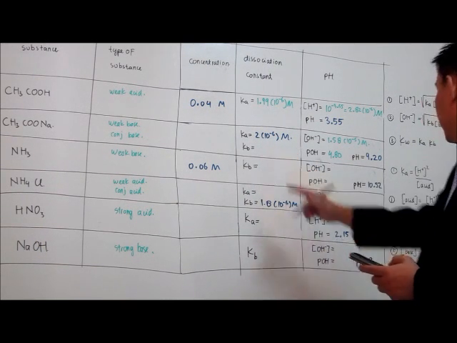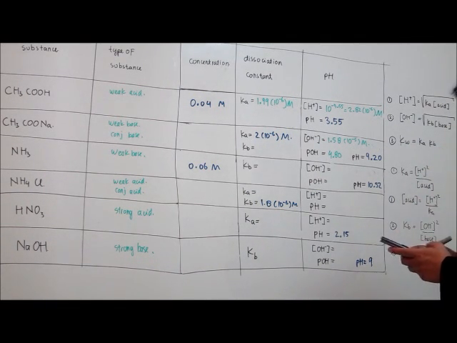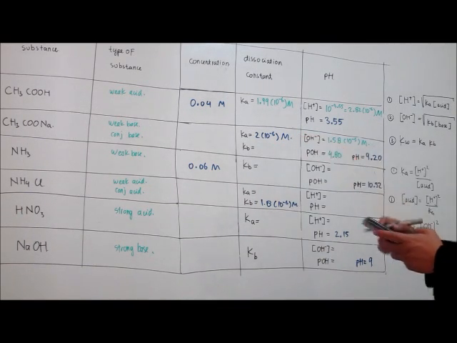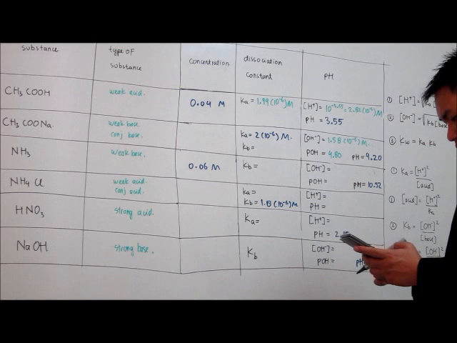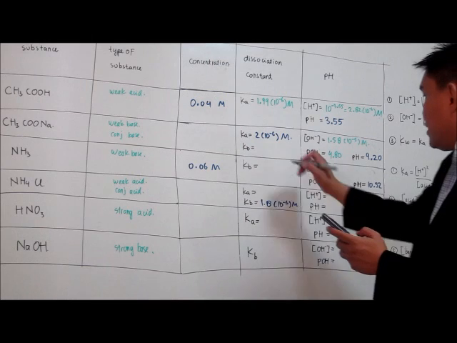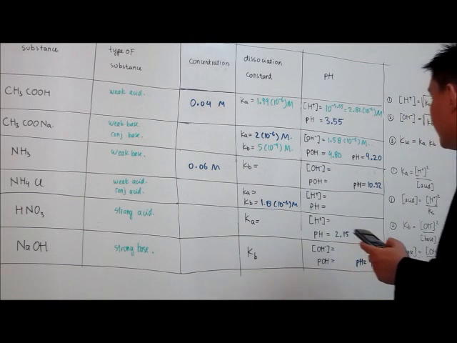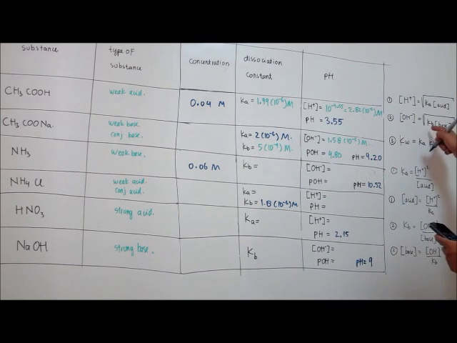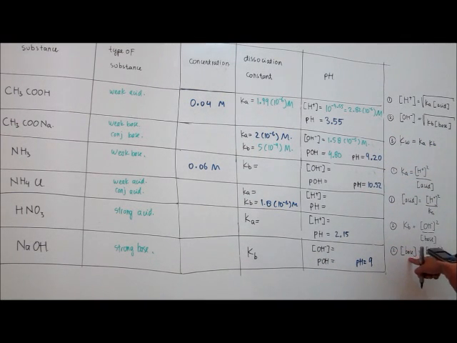We need Kb. To calculate Kb, simply use formula number 3, make Kb the subject. So Kb is Kw over Ka, so 1 times 10 power negative 14 divided by Ka. Don't forget to put brackets. 2 times 10 power negative 6, you get 5 times 10 power negative 9 mole per dm cube. Now we can use formula number 2 and make concentration of base the subject.